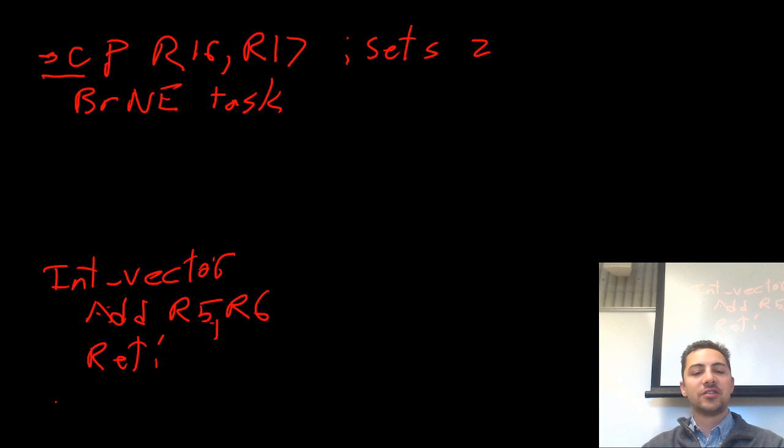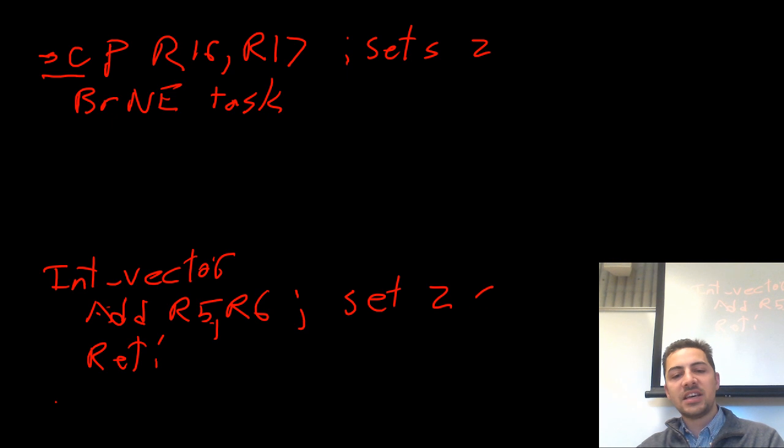Well, I hate to break it to you, this sets the Z, the C, the H flag, whatever it sets. It sets all of these things. Or maybe it clears the Z flag, right?